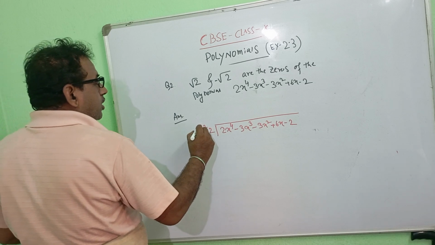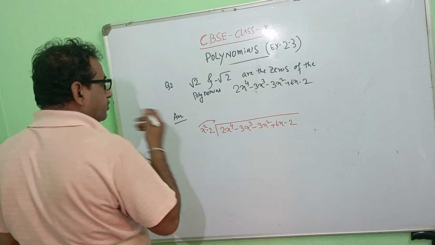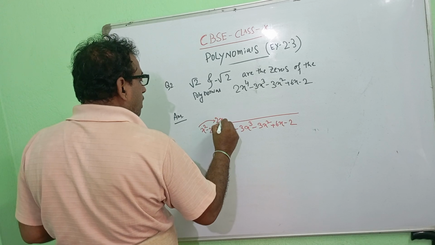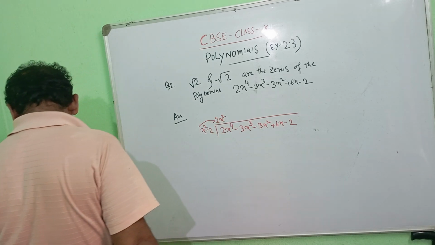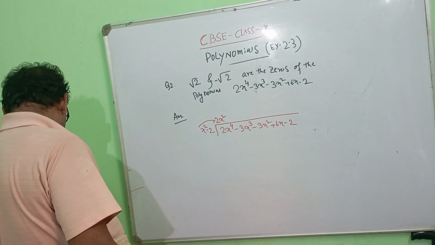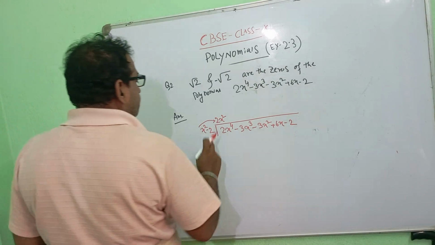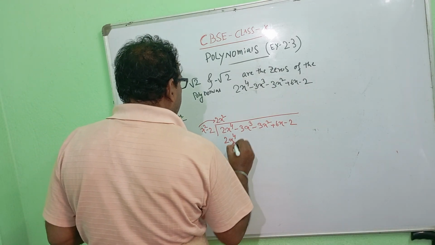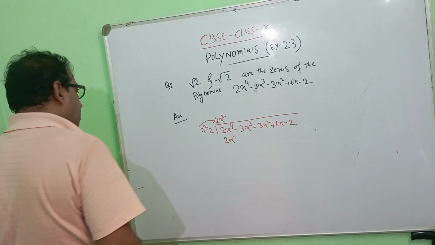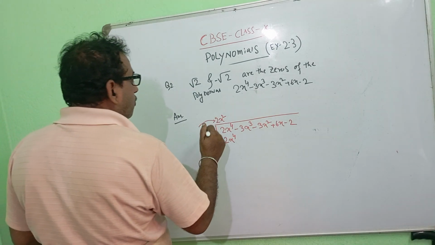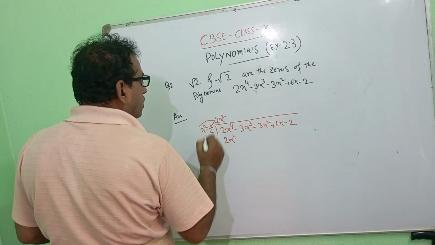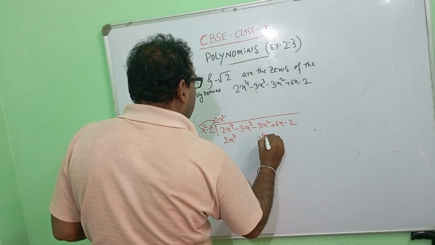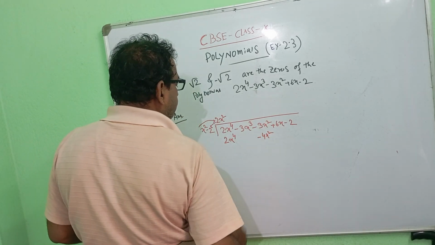Now this is 2 and then x square. What happened then? Now this is 2x to the power 4, minus 4x square.